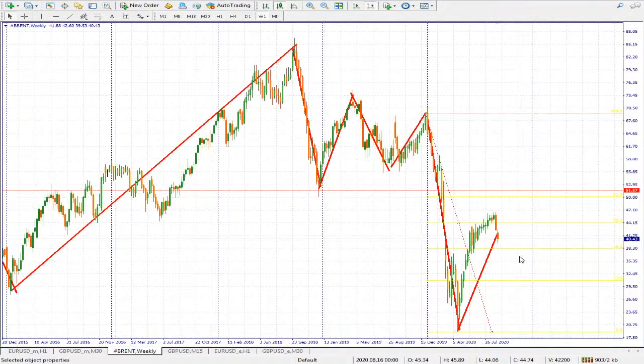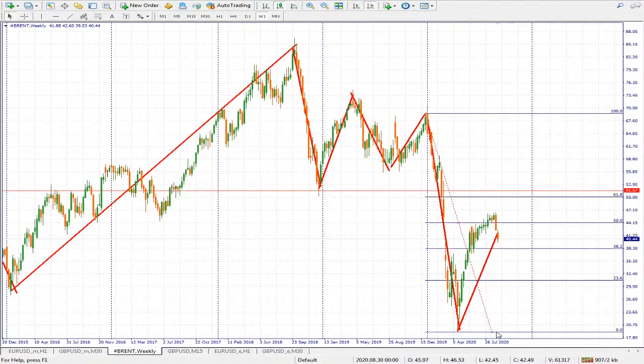Let me make the appearance much better. You can see that we actually wanted price to come up to around the 61.8% fib level. So that has not happened. The price hit the 50.0% fib level, and somehow it has reversed to the losses. So we do expect a continuation downwards on this chart.